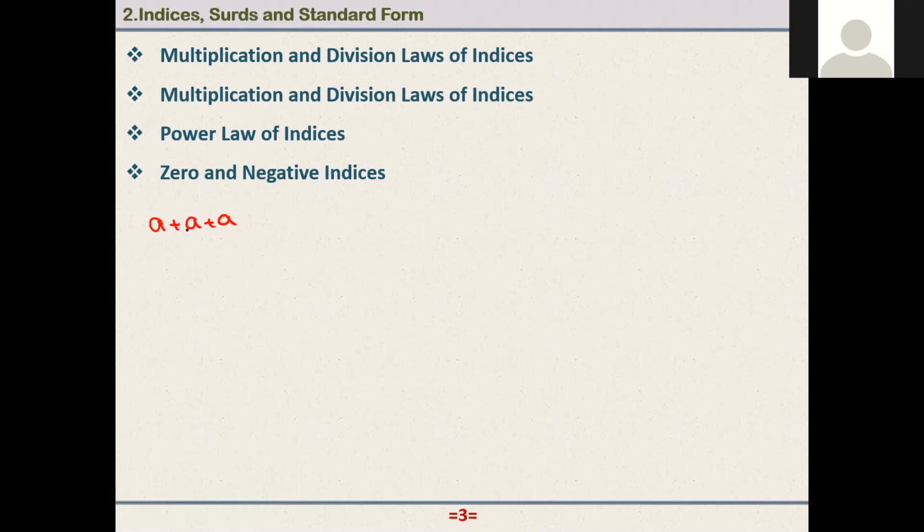And after that, every time writing this in a long way, it's not so practical. Then they had a kind of feeling that they have to introduce new notation, right? That is multiplication. If a number is added by itself n times, simply in a more compact form, we can just write it as 3 times a. That means that this a is added to itself 3 times. That is how it started, okay?